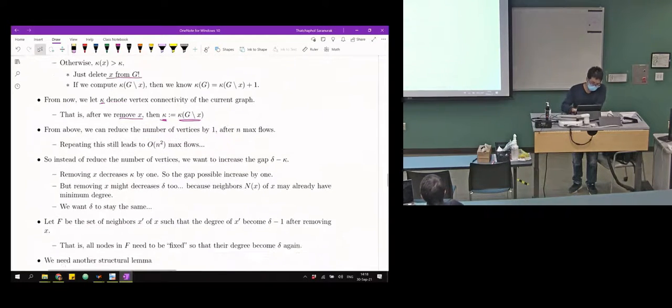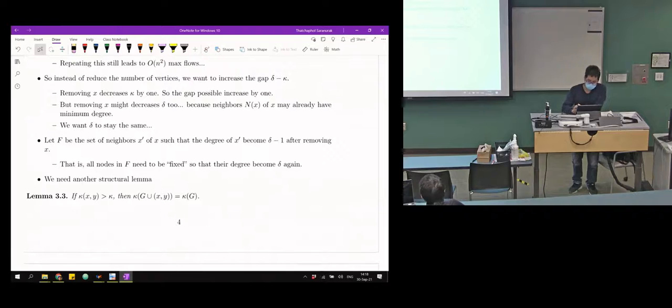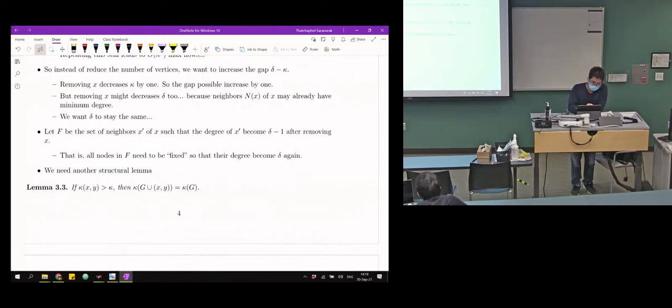But recall that the goal is actually to increase the gap, not just to reduce the number of vertices. The gap is delta minus kappa.